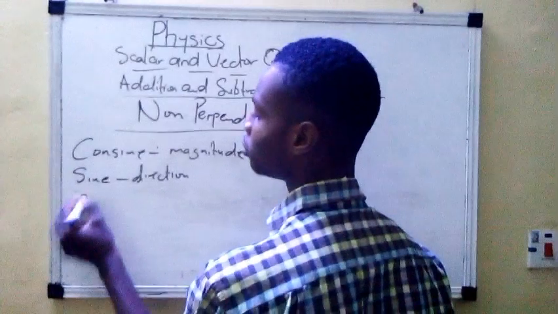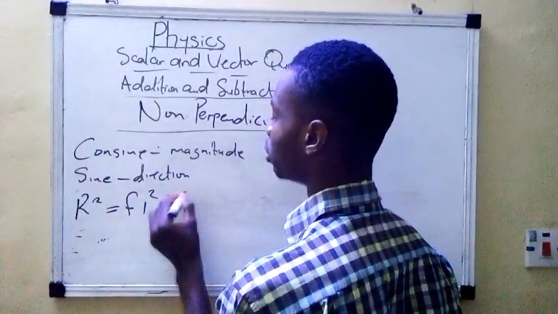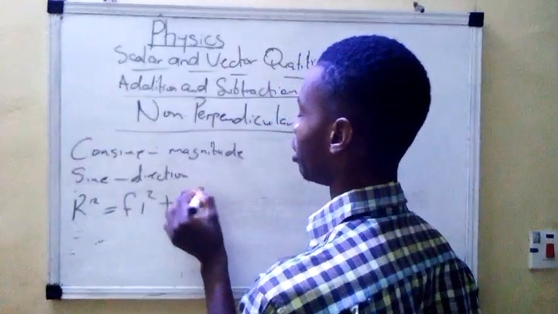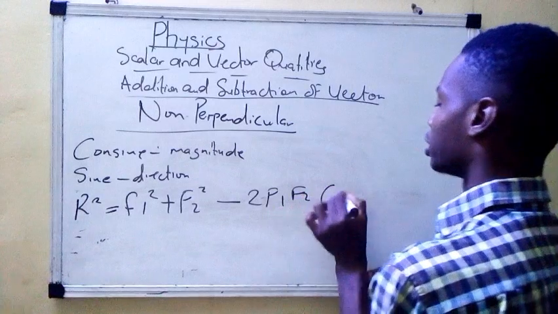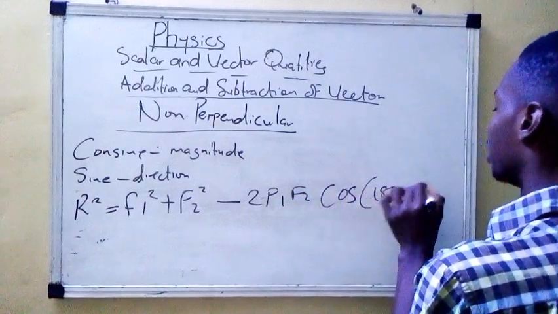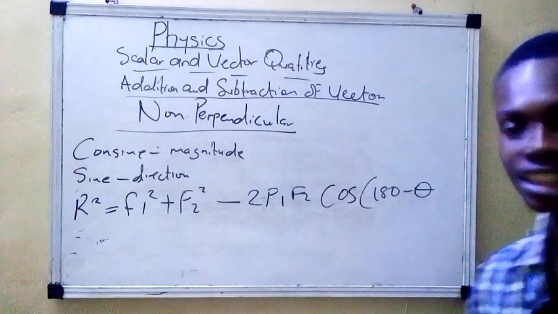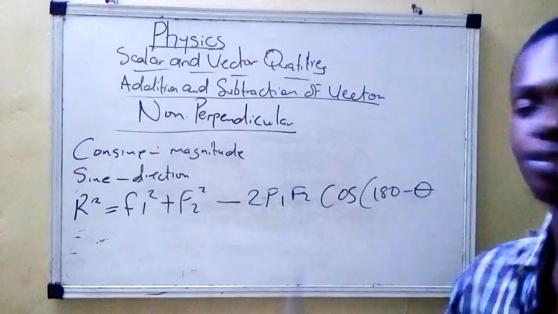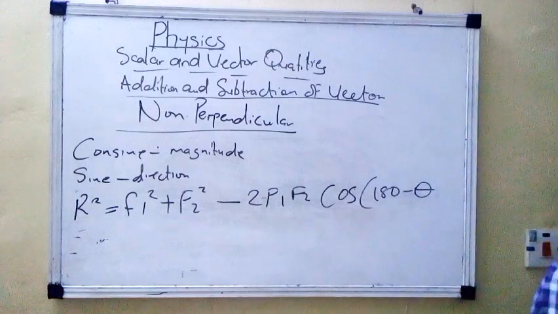First, we have R square is equals to F1 square plus F2 square minus 2F1F2 cos bracket 180 minus theta. Your theta remains what? That number. If it's inclined at 60, your theta is 60. If it's inclined at 45, your theta is 45. If it's inclined at 120, your theta is 120.